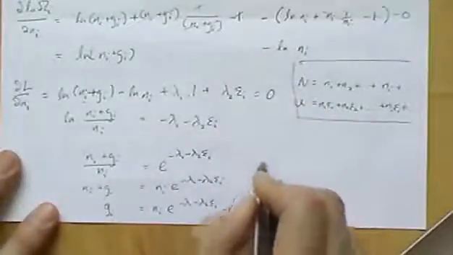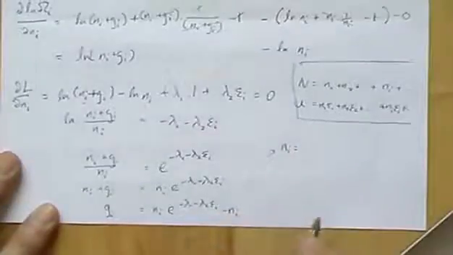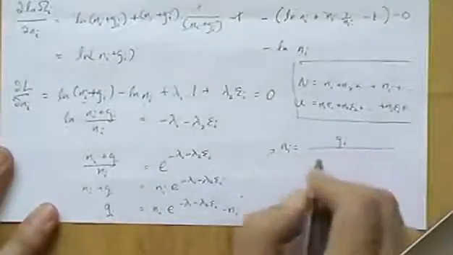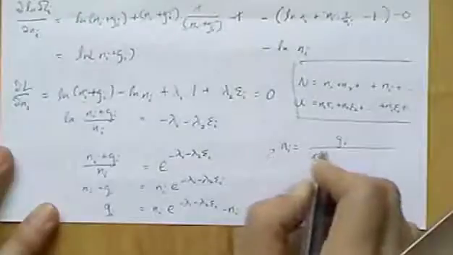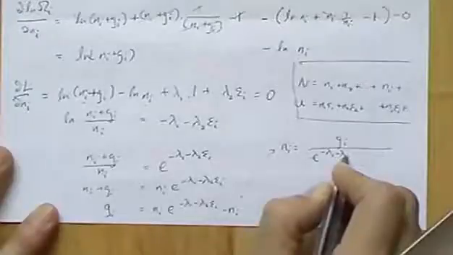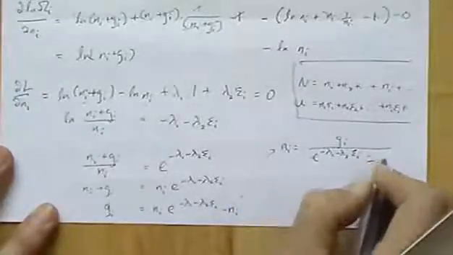Let me do it up here. So ni is equal to gi over e to the minus lambda 1 minus lambda 2 ei, minus 1. So we have found ni.